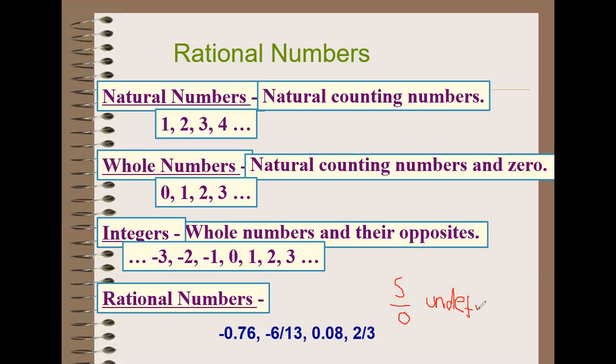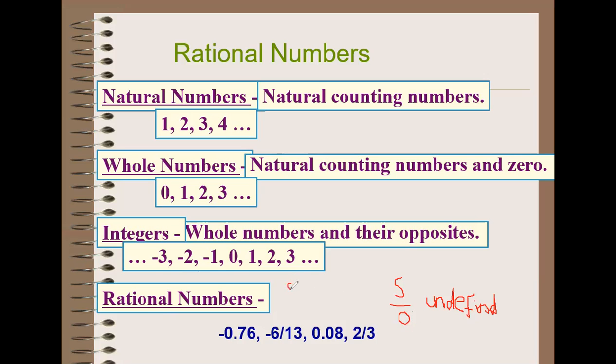Undefined. Okay? Have no meaning. Undefined. Which means a rational number is a number which is written in a ratio or in a fractional form, but we have a condition that the denominator is impossible to be equal 0.